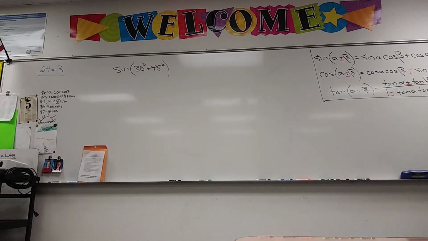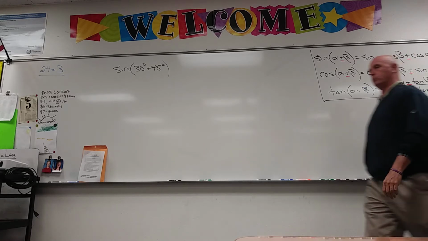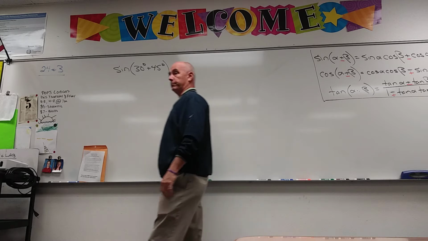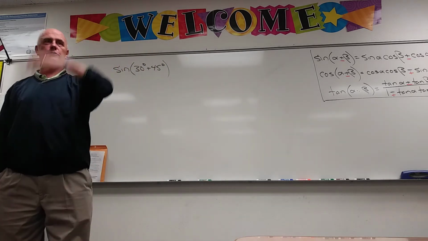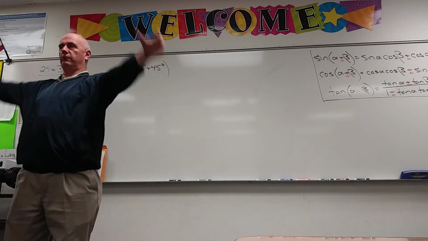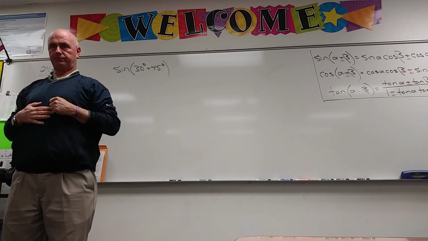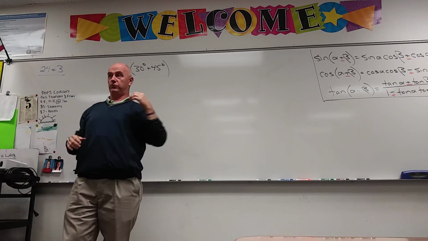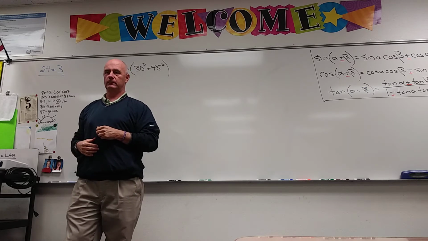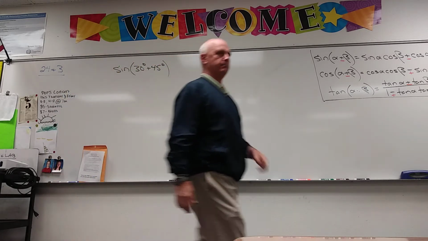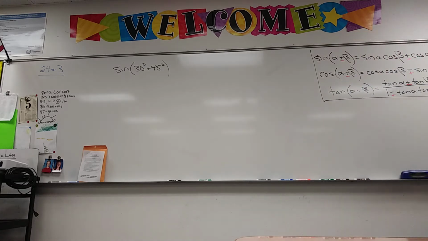Now, what happens if we are subtracting? Instead of alpha plus beta, we did alpha minus beta. Well, the book gives you a whole new formula. Here is the formula if you add sine of alpha plus beta. Here is the formula if you subtract alpha minus beta. You know that I'm not a big memorizing person, so I've got to find ways around it.